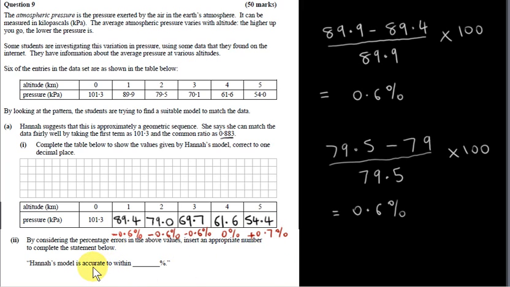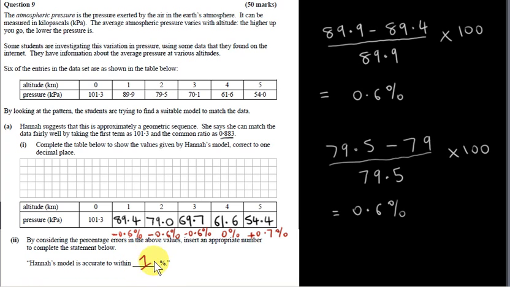But usually when we're looking at the accuracy of a model, we will round that value to the nearest integer. So rather than saying the model is accurate to within 0.7%, we would round that to the nearest integer and say the model is accurate to within 1%, because 0.7 rounded to the nearest integer is 1.